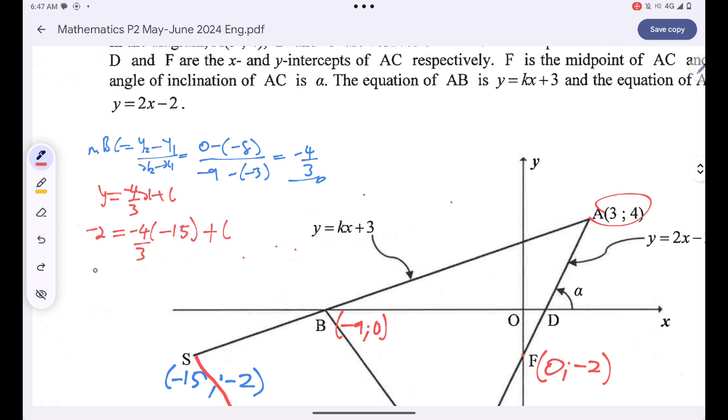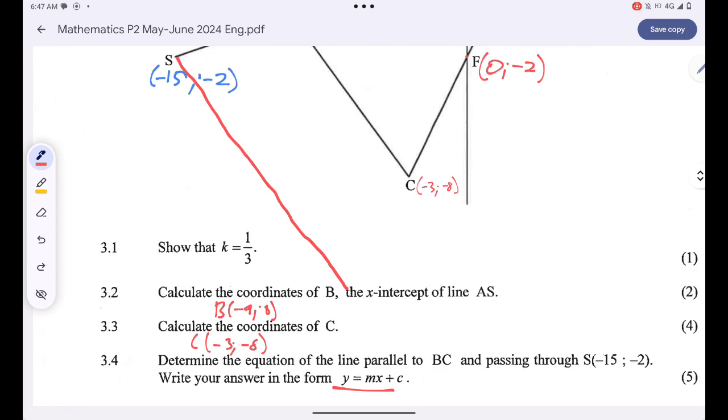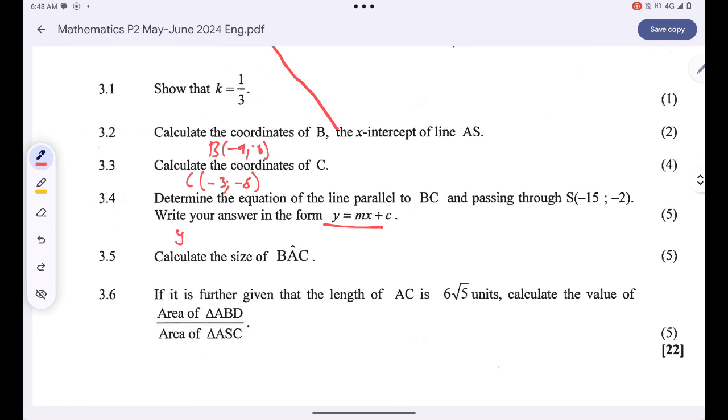So this will give me negative 2 is equal to 20 plus c. Then c is just negative 22. Therefore, the equation of the line that passes through S and is parallel to BC is y equals negative 4 over 3 x minus 22. So this is just the equation of our line.